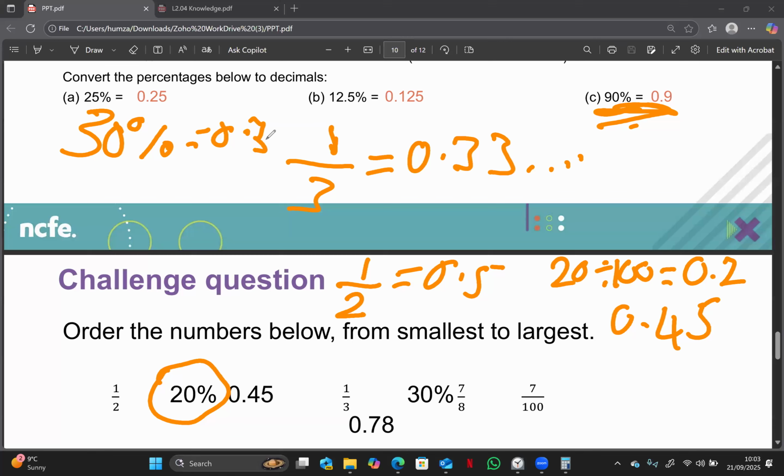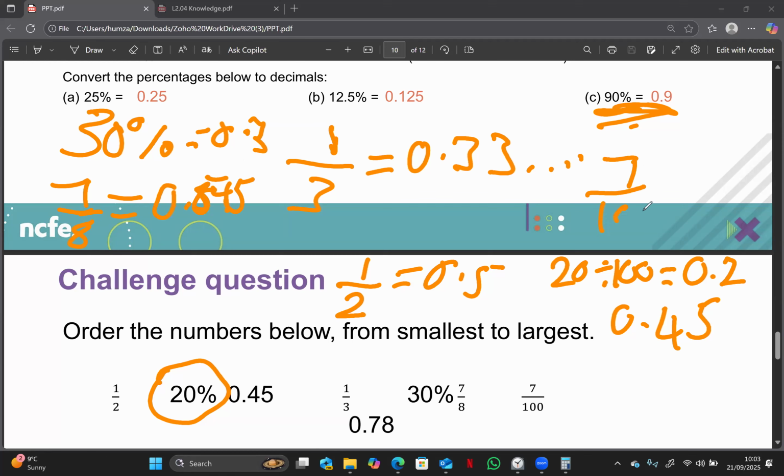And 7/8, what is that? 7/8 as a decimal. Remember what I just told you? It's 7 divided by 8. And what's the answer? 0.875.